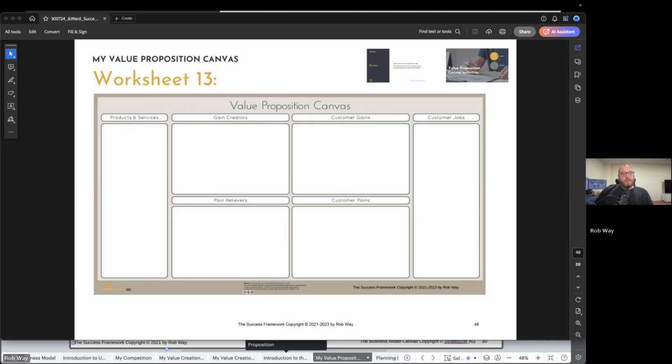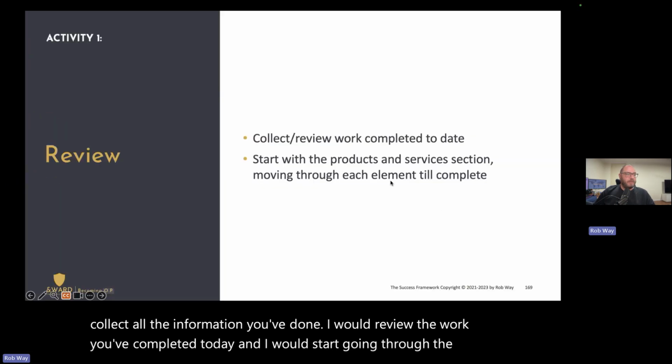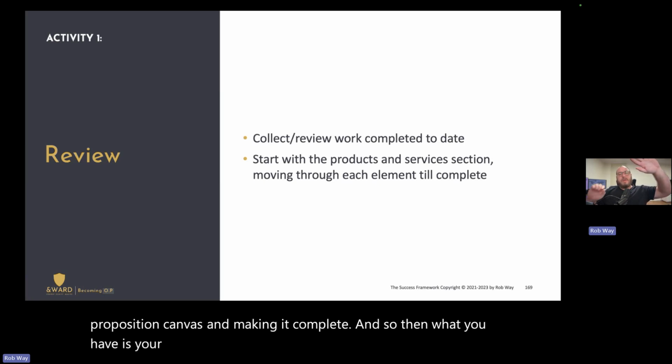So we're almost done. I think that's about it in a nutshell. I would collect all the information you've done. I would review the work you've completed to date, and I would start going through the value proposition canvas and making it complete.